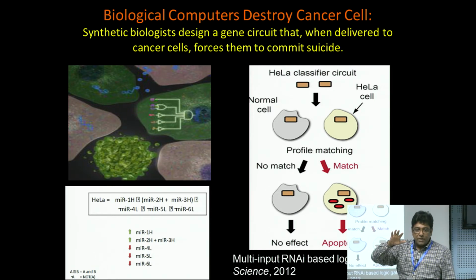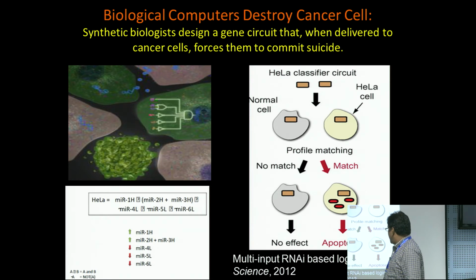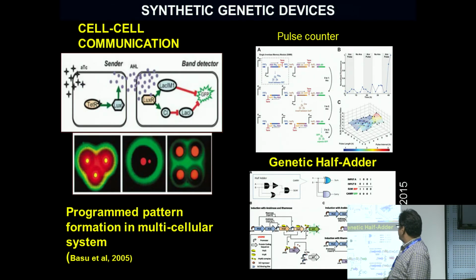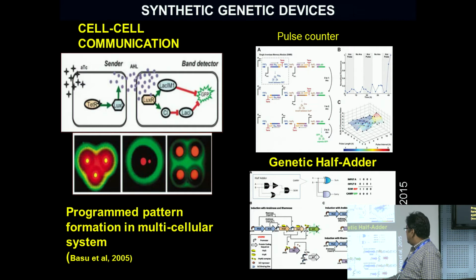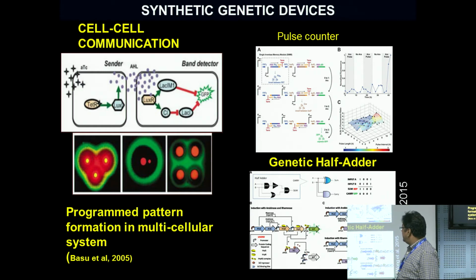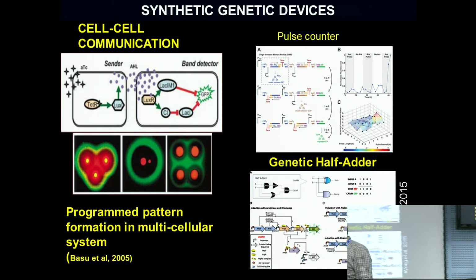This is a very, very complex circuit. There are other things, like programmed pattern formation. There are two different kinds of cells, one producing green fluorescent protein and another red, and all those patterns are mathematically predictable, so you can make these patterns. They have a genetic half adder, pulse counters and so on. There are a lot of things coming.